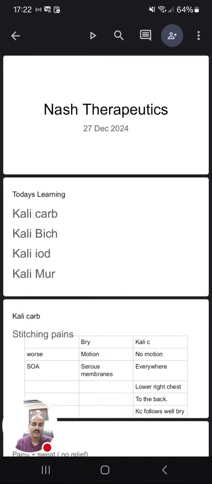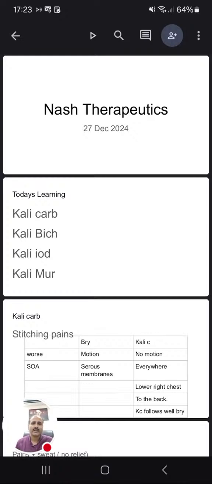How beautifully he has given the differentiation between each of those Kali remedies and the other remedies which look very similar, some philosophical insights, some cases that he has shared, and some of his experiences, which he just eloquently writes in a flow of thoughts.